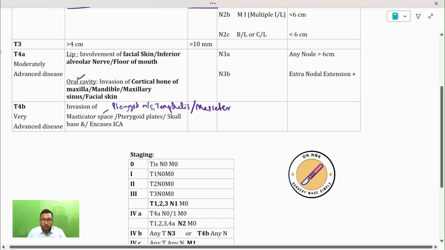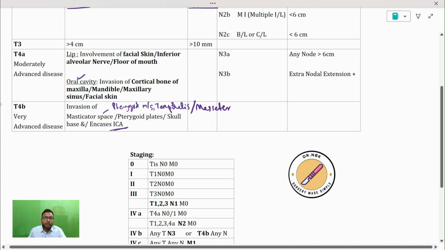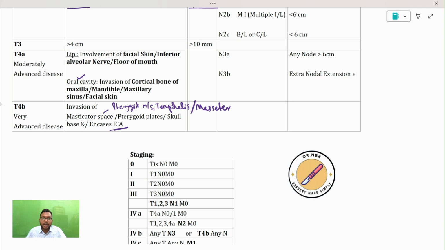So any of these four important muscles of mastication, and where these pterygoid muscles are attached, there are the pterygoid plates and skull base. When it encases the internal carotid artery, so major vessel encasement, this will also come under T4B, right? So this is most important regarding T classification of oral cavity cancer.